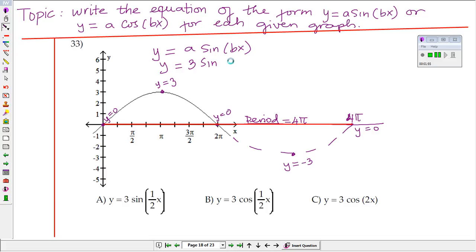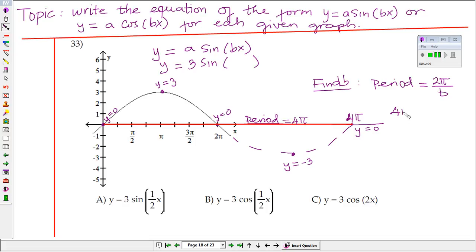Now we just have to find b. To find b, we are going to use the period. The formula is 2 pi over b, and b in this case will be a positive number, so we don't have to put the absolute value.